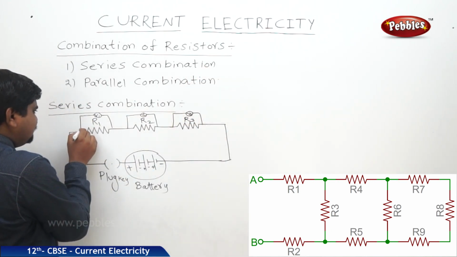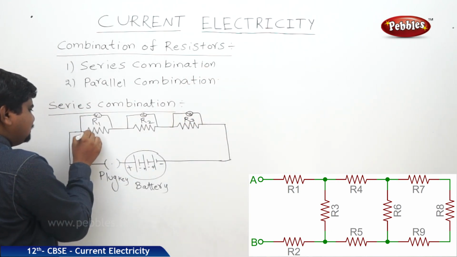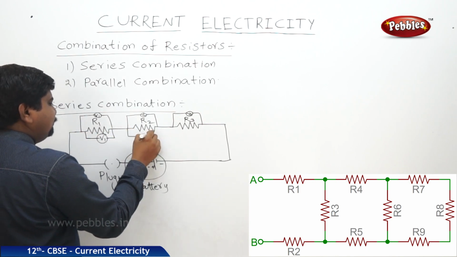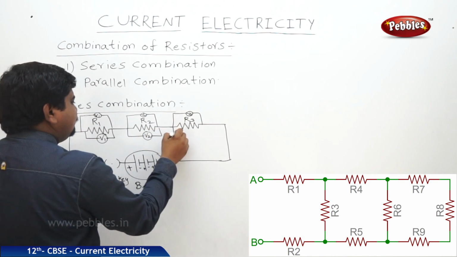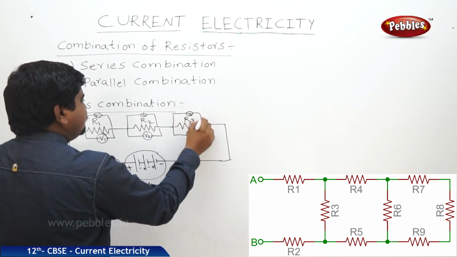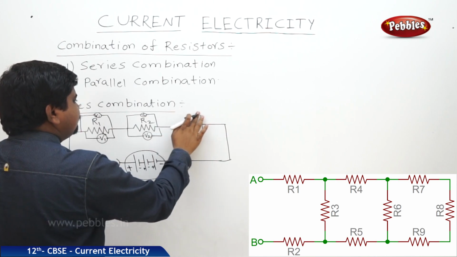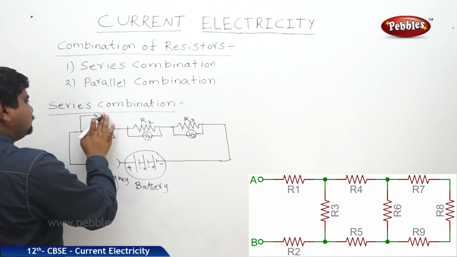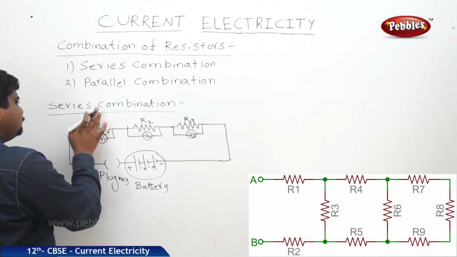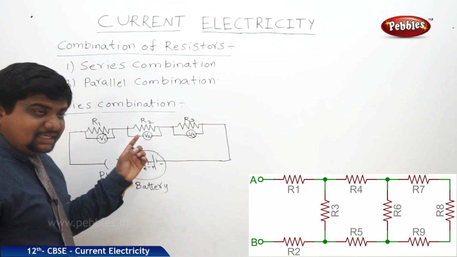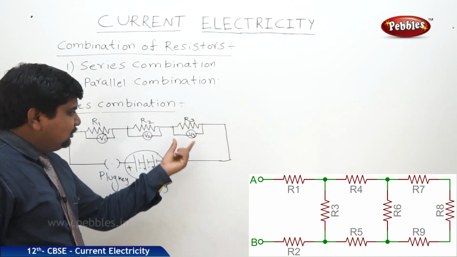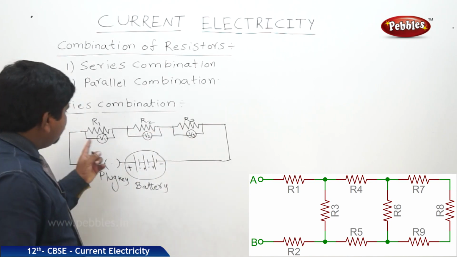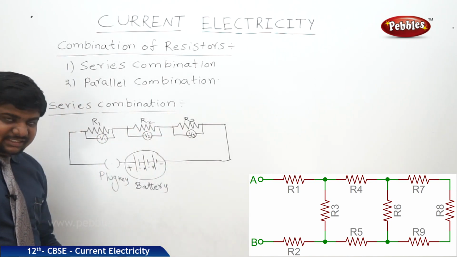Here V1, here V2 and here V3. If it is not visible clearly, you can remove the top connection, no problem. This means I am not giving the connection at the inner part of the circuit. To observe these voltmeters, I have given the connection like this. So potential drop will occur at each and every resistor.